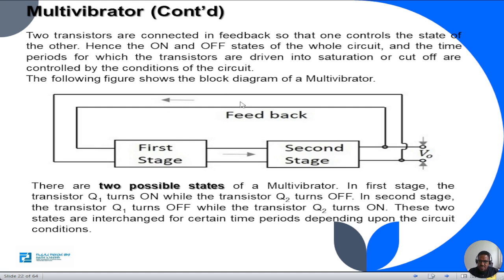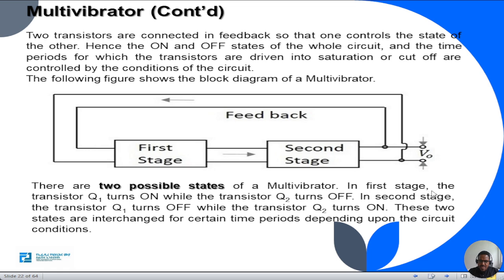Looking at this block diagram of a multivibrator, it has two stages. One stage is for Q1, or transistor 1, and the second stage is for Q2, or transistor 2. Then both of them are connected in the feedback state. So there are two possible states of a multivibrator.